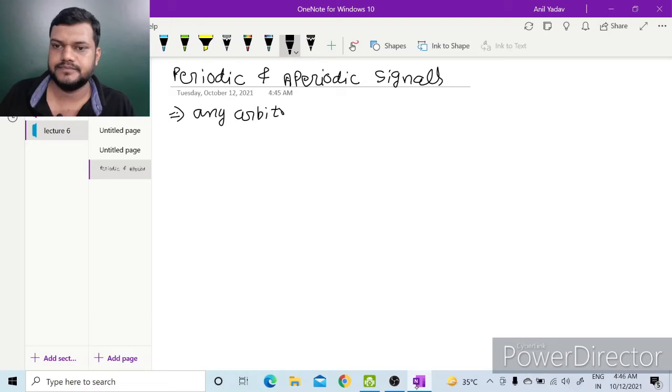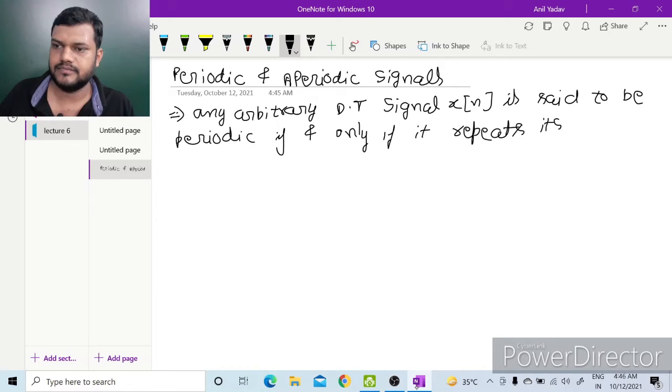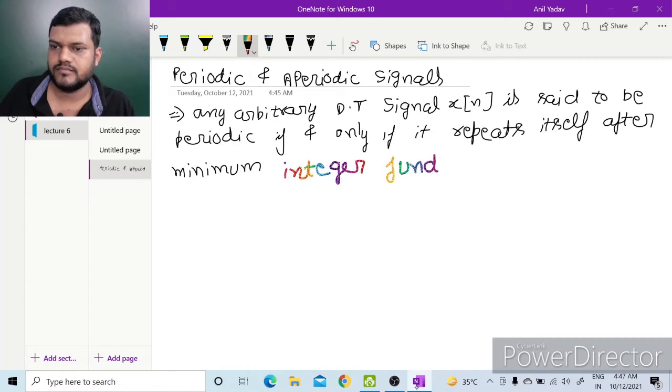Any arbitrary discrete time signal x of n is said to be periodic if and only if it repeats itself after minimum integer fundamental period.